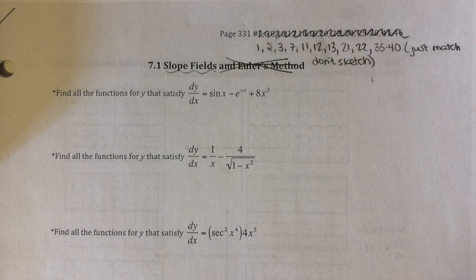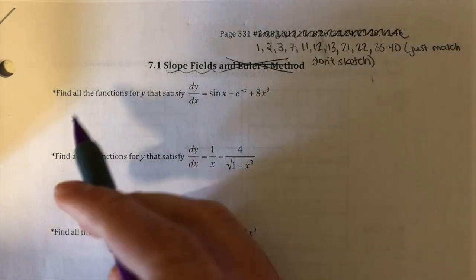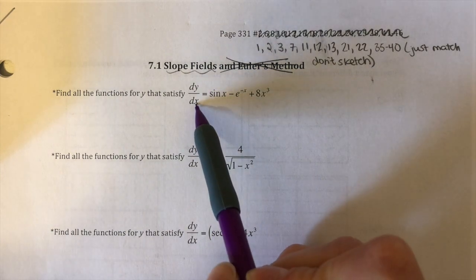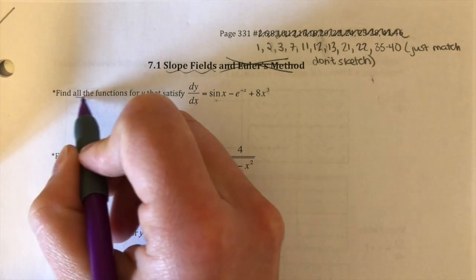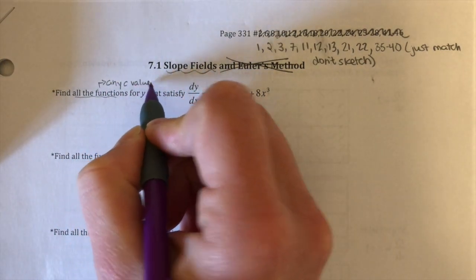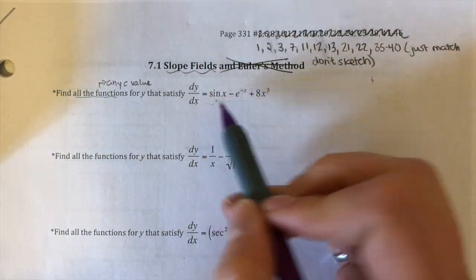So if we have problems with all of this in here, the first thing that we're going to do is find all of the functions for y that satisfy the derivative of y with respect to x is this, okay? If it's all of the functions, this could be any c value, right? Because it's any shift up and down that gives this as the slope, right?